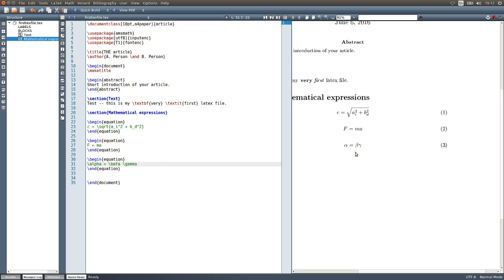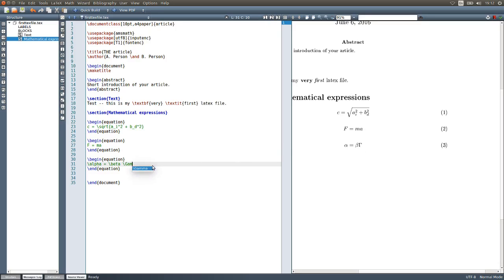We can have capital Greek letters as well, the ones that are not like the common Latin letters. Big alpha is just A, but for the other ones we can type the first letter in capital and they come out as a capital Greek letter.